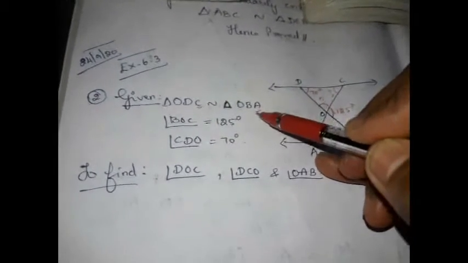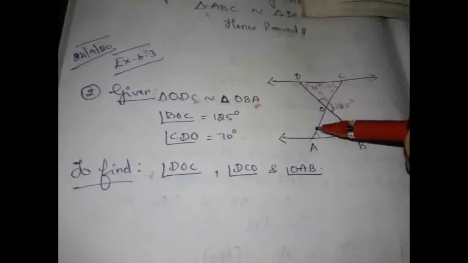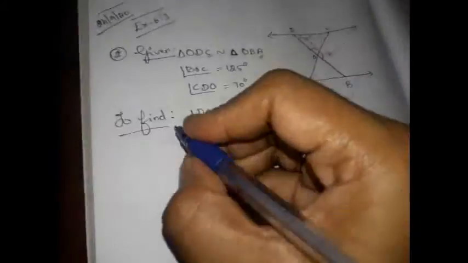And it is given in the question that ODC is similar to triangle OBA, right? So angle C corresponds to angle A. When two triangles are similar, corresponding angles will be equal. Therefore, since C corresponds to A, the measurement of C will be the same as the measurement of A and the measurement of D will be the same as the measurement of B. You should remember all these things.